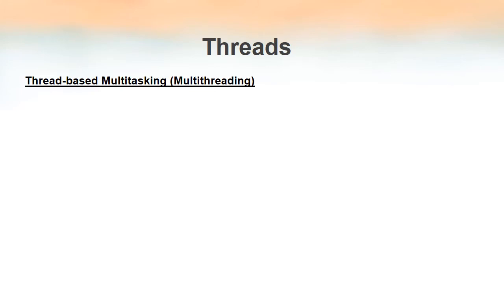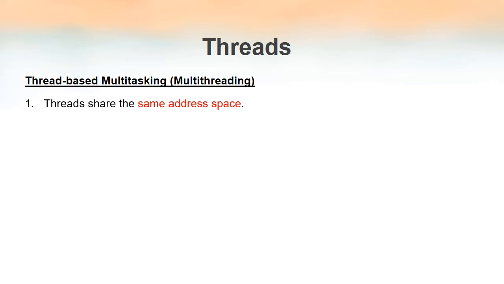So far we discussed multiprocessing. Now we will see multi-threading. We have seen that both multi-threading and multiprocessing are used for multitasking. Now we will see how multitasking is implemented by means of threads. First of all, we will define a thread. Threads are actually lightweight processes, as we have seen before.